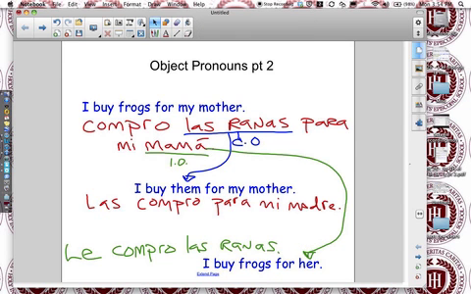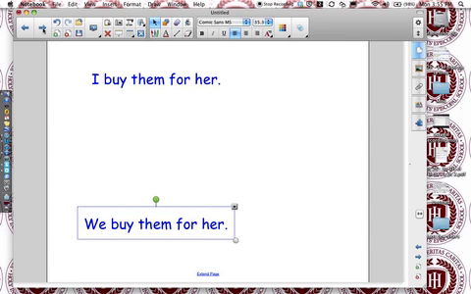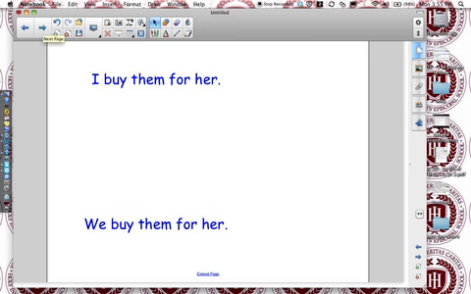Now, today, part 2 is the new stuff. So presuming we understand this information from last week, let's now move on to the final bit of information that we need to know for object pronouns. It's conveniently entitled double object pronouns. You will now notice that I have both a direct object pronoun and an indirect object pronoun.